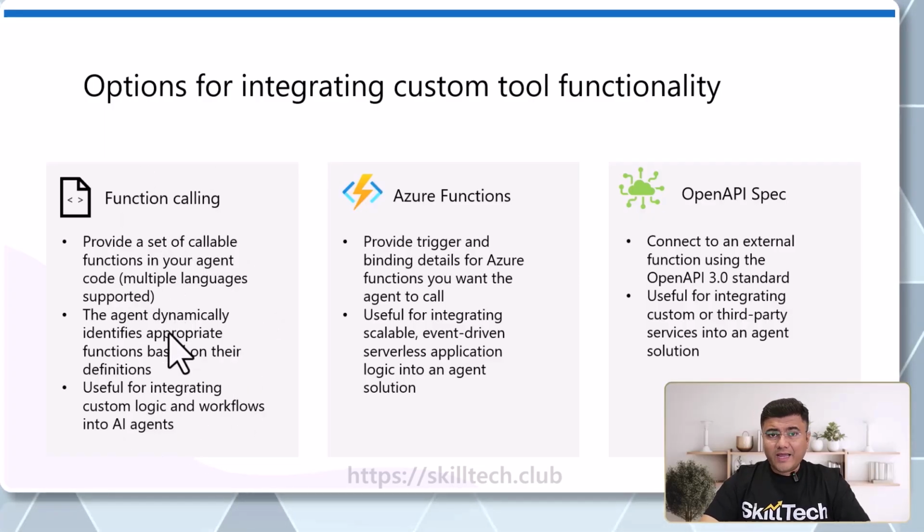Now, just for your understanding, the OpenAPI specification tool is also one of the tools that helps you integrate custom tool functionality. If you have checked my previous video in which I integrated the OpenAPI specified tool with my agent, you should be able to understand how this tool works and integrates.